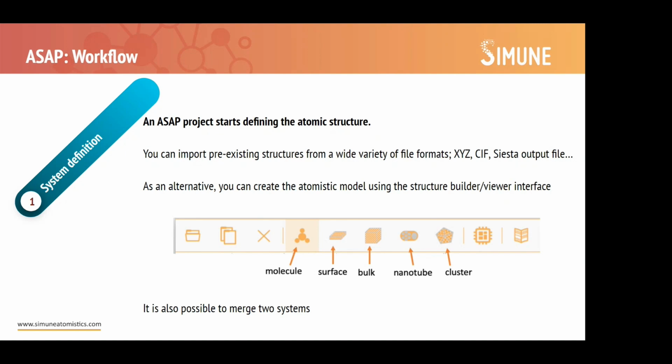You can use bulk construction for different symmetries. There are nanotube and nanocluster constructors. On top of that, a user can load a pre-existing system in lots of various structure formats, including XYZ or CELL for cell, or Siesta, and load it into ASAP. Let's go to the next slide.